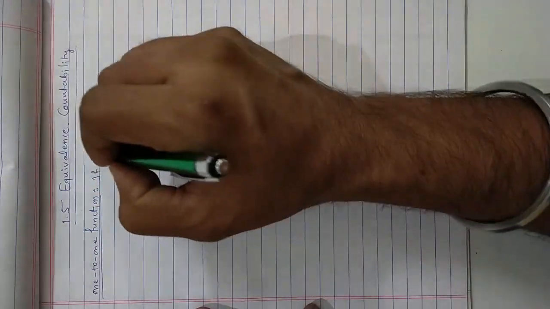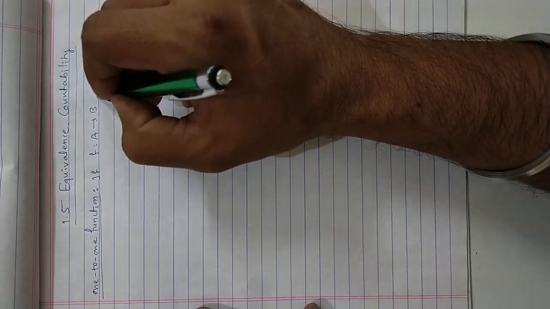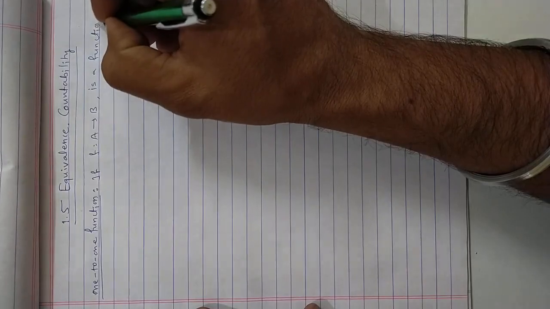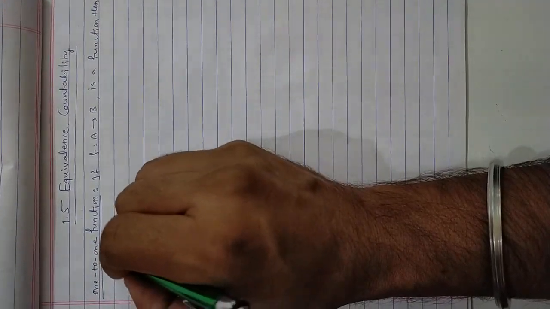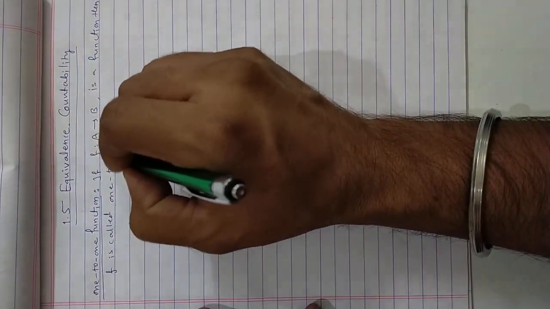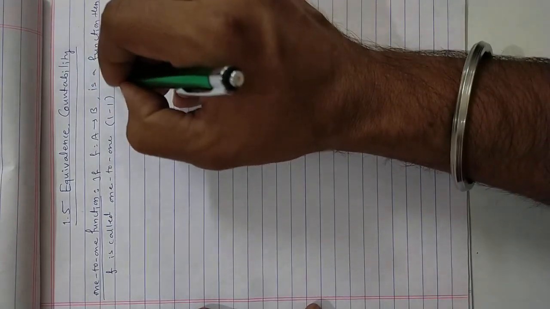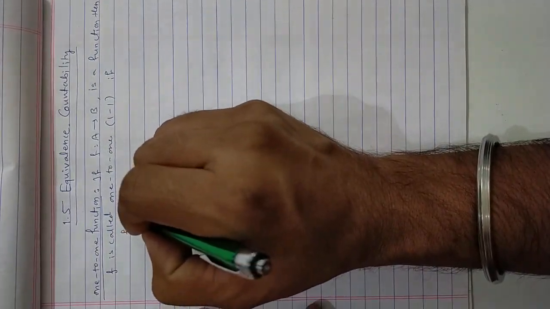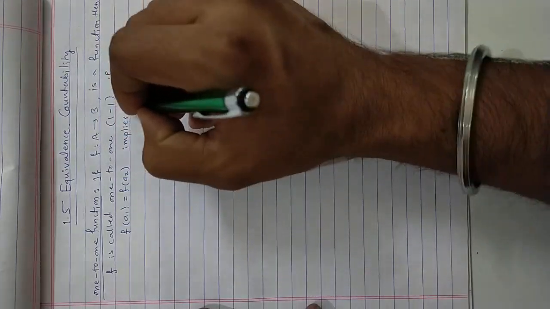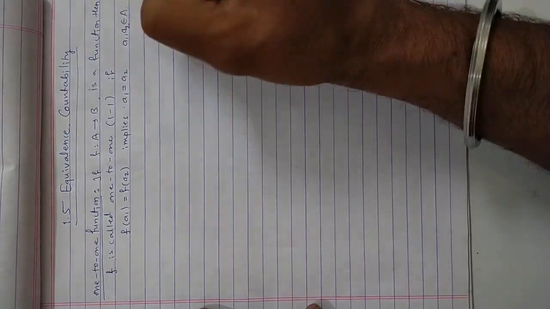So if f from A to B is a function, then f is called a one-to-one function, or simply we can write 1-1, if f of a1 is equal to f of a2 implies that a1 equal to a2 for a1, a2 in the domain A, right?